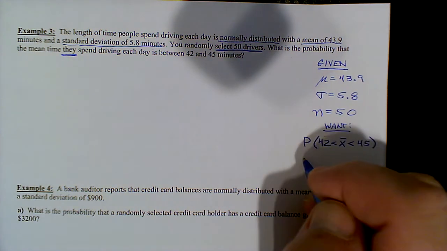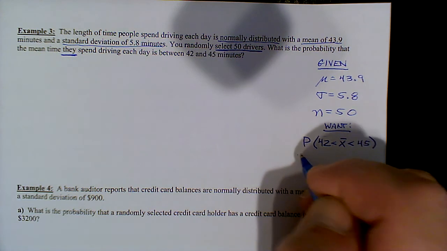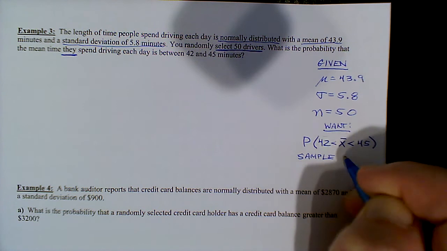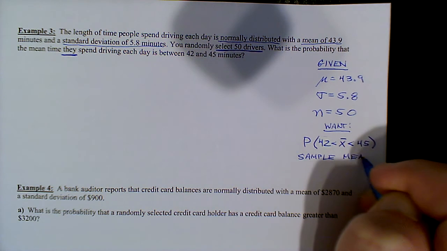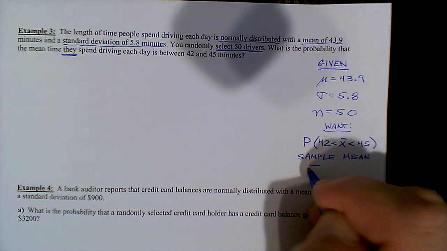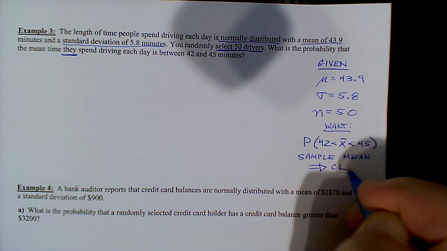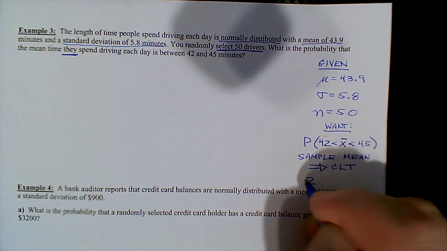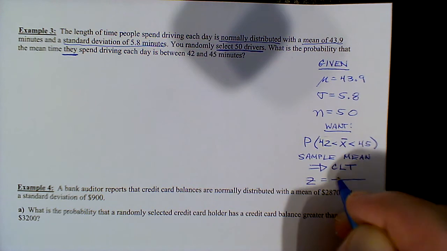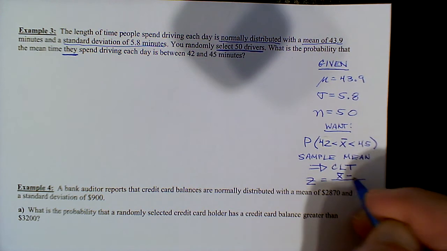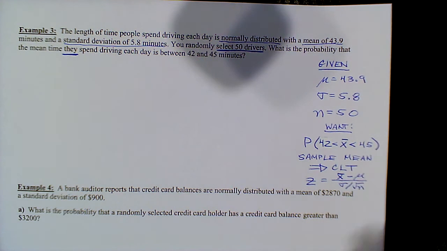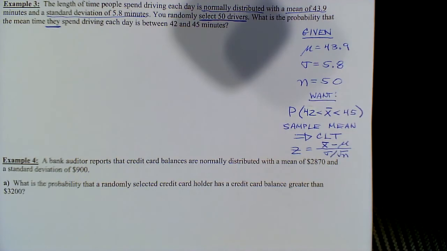Okay, so let me reinforce the fact that, again, we're talking about a sample mean. So that's our central limit theorem and our special z-score formula, that z is equal to x bar minus mu over sigma divided by the square root of n. Okay, so we've got to do it twice.